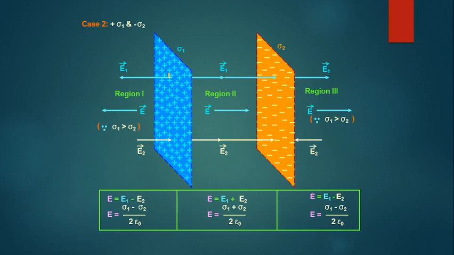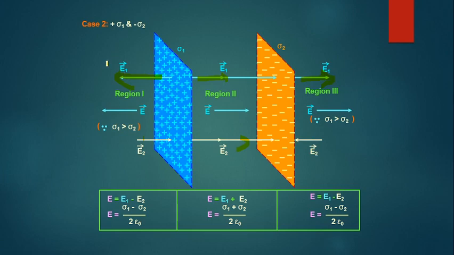For the positive charge, the electric field direction is away from the charge due to the first sheet, in the first, second and third regions. The electric field due to the negative charge is toward the charge: in region 1 toward the plate, region 2 toward the plate, and region 3 also toward the plate.